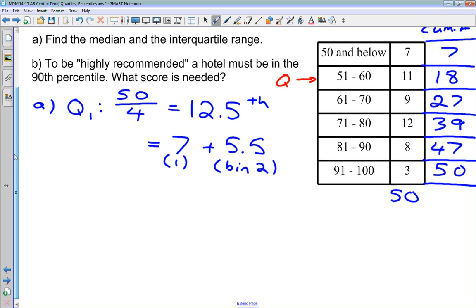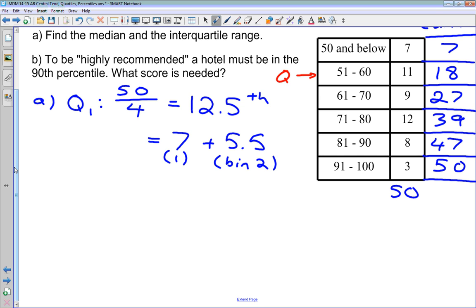So how do we figure out what value corresponds to the 12.5 number? That's going to be our value of Q1. We look first at the starting value for this range. This range starts at 51. So 51 is the start of the range.